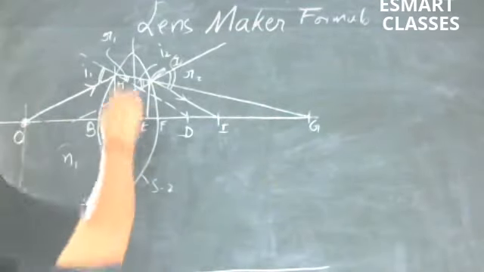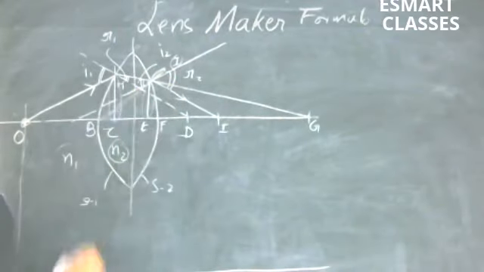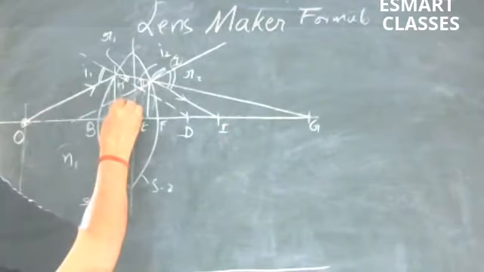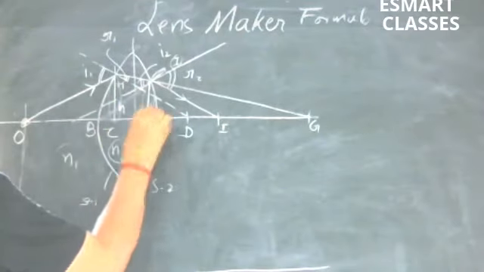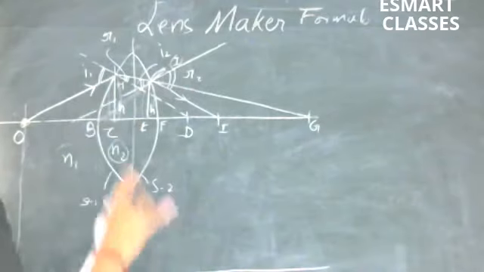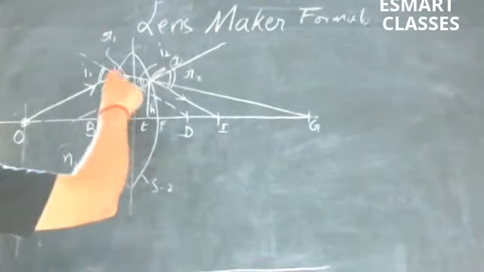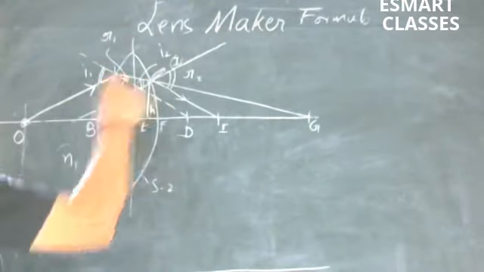The assumption is that this height and this height are almost the same. There is no difference. I'll write H and H here. I have shown the difference because I had to draw the diagram in expanded form so that we can identify the angles, but the assumption is that these two heights are the same.